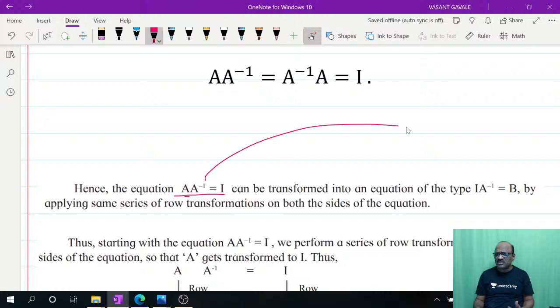याचं ट्रान्सफॉर्मेशन कशात करायचं आपण? We are transforming like this: A is transformed into the identity and this I is transferred to the another matrix.